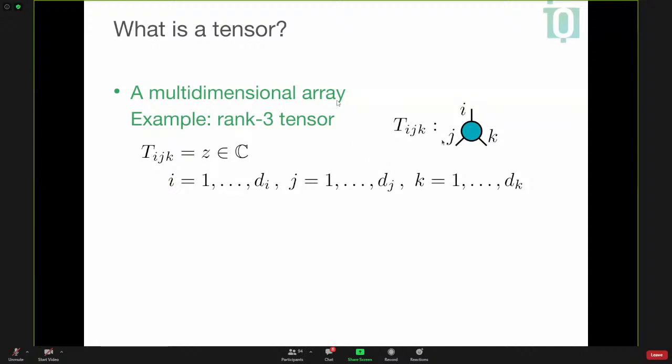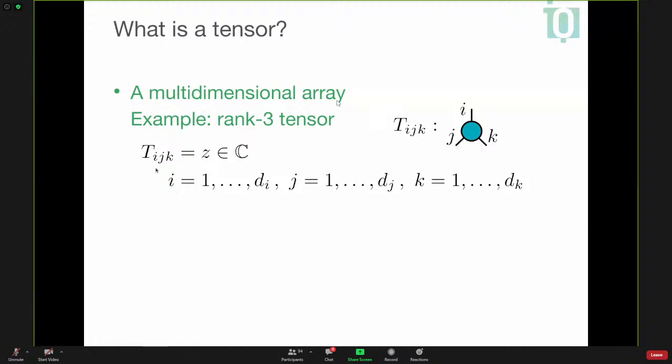It can take a number of different values, usually discrete. One can define different objects, but here I will be interested in just tensors that have a fixed number of indices, a fixed number of dimensions, and each index takes a finite number of discrete values.